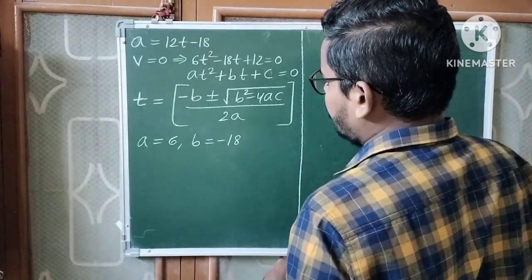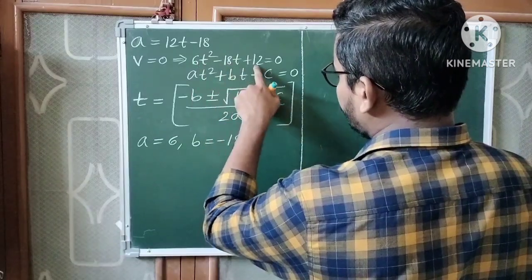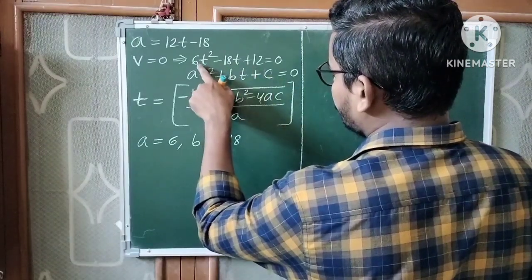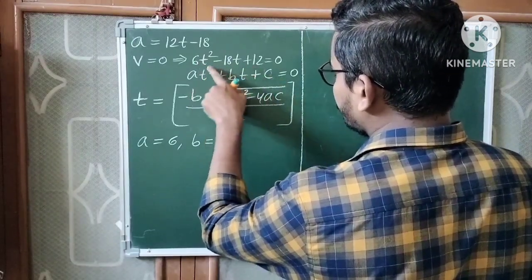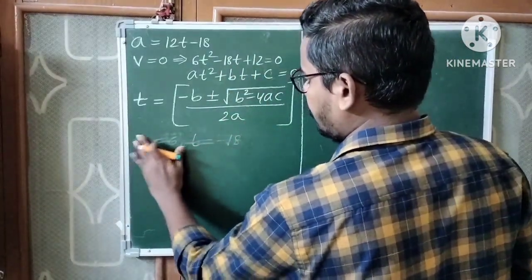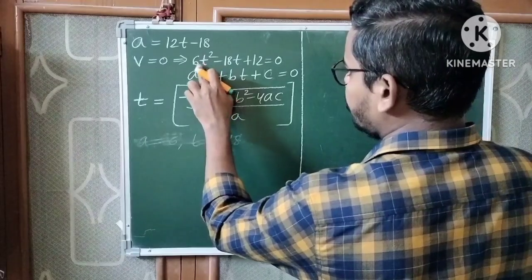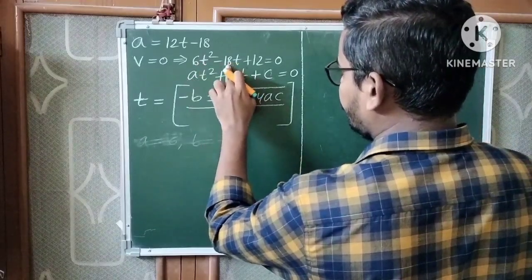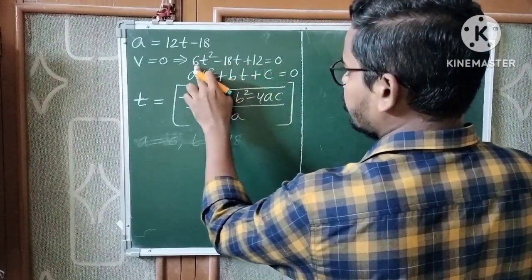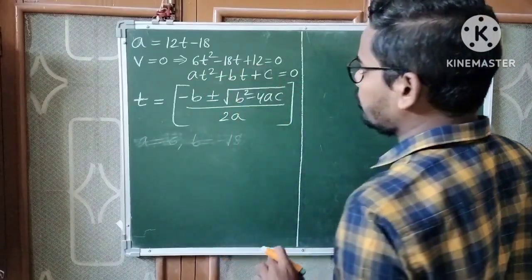Or otherwise, just observe all these terms. Among the 3 terms, is there any common factor? Instead of doing it directly, here the coefficient of t² is 6, here -18, here 12. So 6, 18 and 12 are multiples of 6.